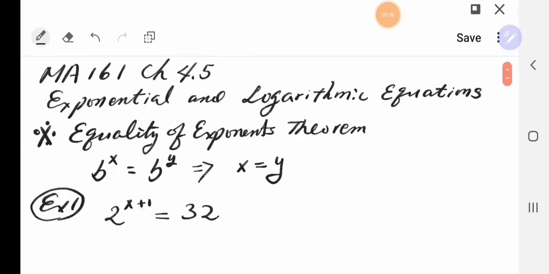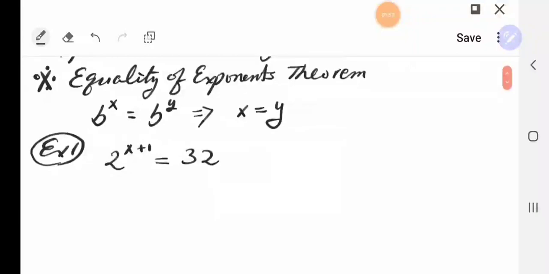So why don't we make the right side of the equation, 32, an exponential form with the same base 2. So 2 to the x plus 1 is equal to 32. Let me divide this 32 into a product of 2s.